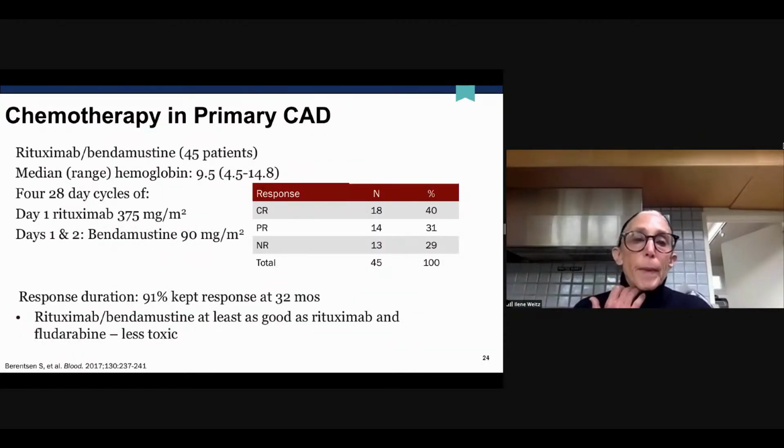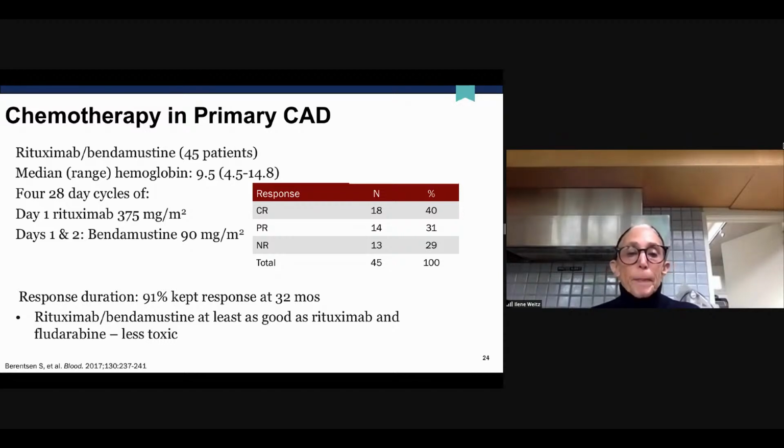Here's the rituximab bendamustine data. They had looked at 45 patients, median hemoglobins of 9.5, but you could see there was a pretty wide range. And CRs in around 40%, and PRs about 30%.